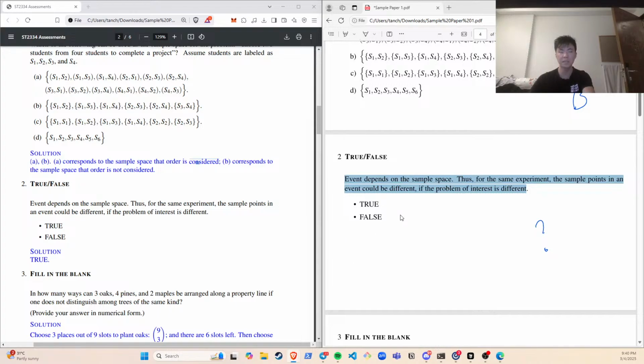Okay, so the sample space is a space of all possible experiments. And the event, what is an event?